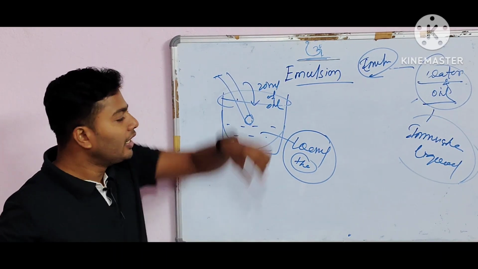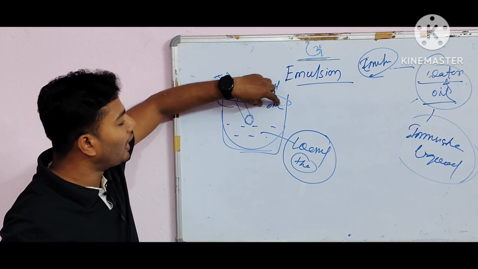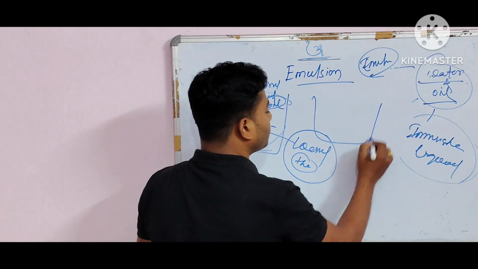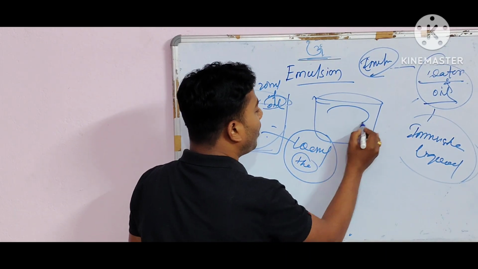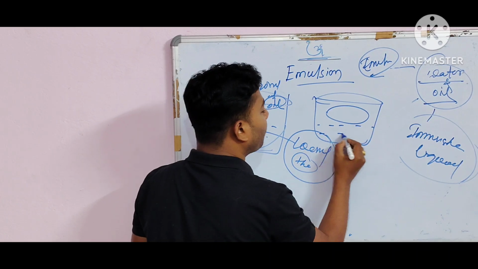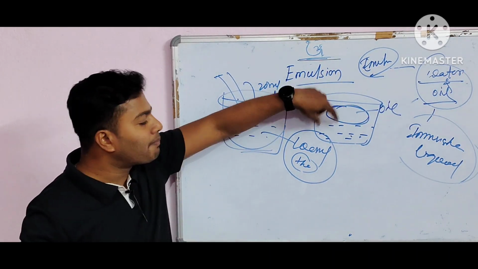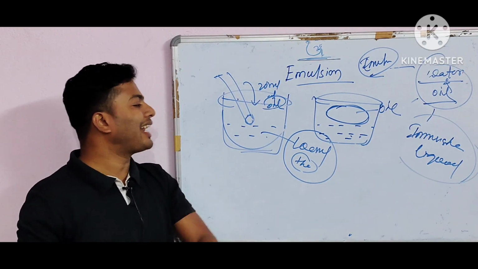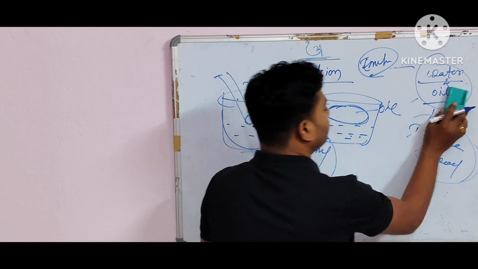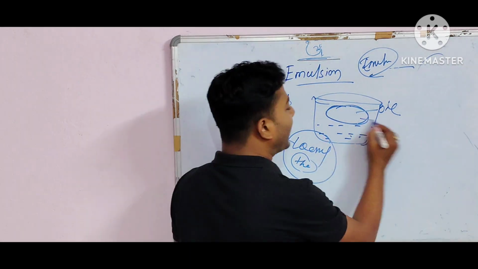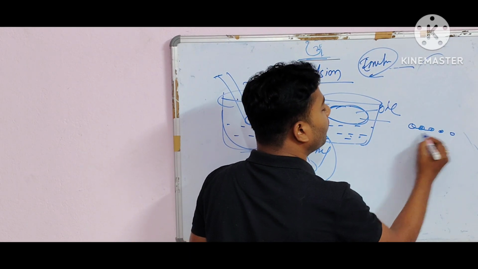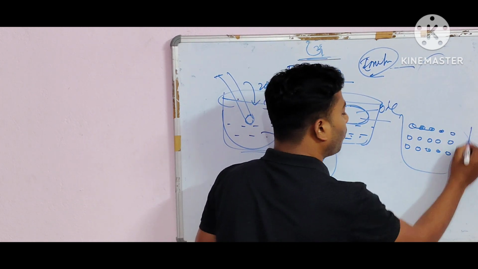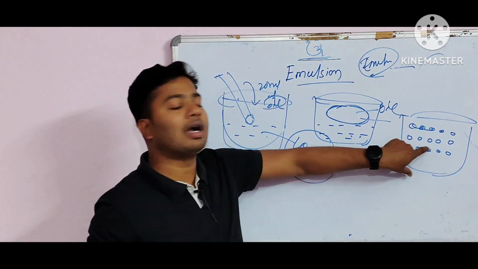Definitely, you will notice that when you add the 20 ml of oil to the 100 ml of water, the oil forms large globules on the surface of the water. After that you stir properly, or triturate thoroughly. After trituration, these oil globules are again converted into small globules and dispersed in the water medium.